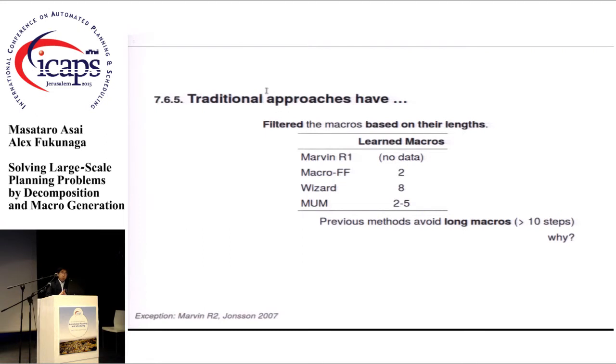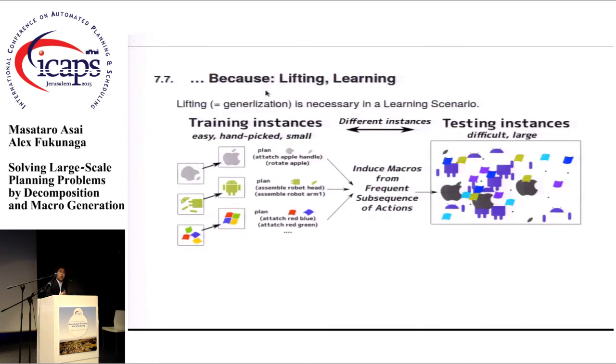Based on this background, the traditional approaches have filtered the macros based on their length, typically up to length 10. Why does this happen? This is basically because of lifting and learning. Lifting, which is generalization, is necessary in a learning-based scenario.